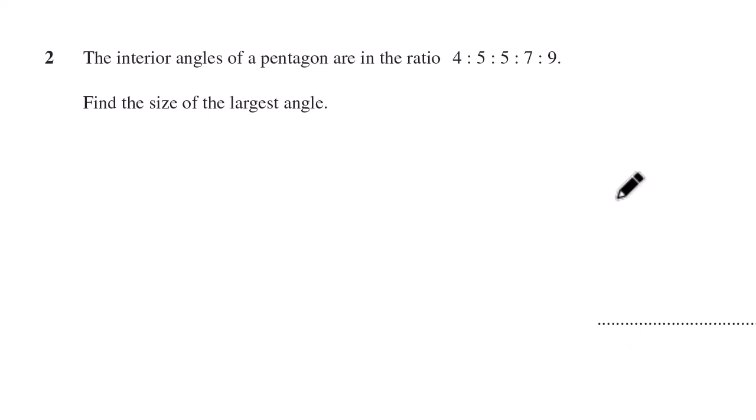Number 2 has no diagram at all. The question said the interior angles of a pentagon are in the ratio 4, 5, 5, 7, 9. Find the size of the largest angle. Of course, the largest angle will be this 9. So the interior angles of a pentagon, that's the trick.